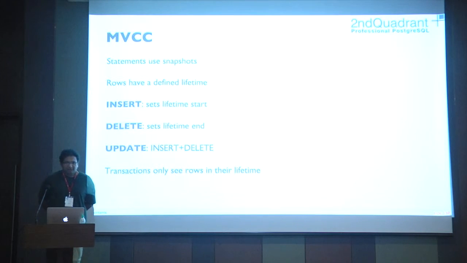The basic idea of MVCC is that SQL statements operate on a snapshot of the database as it was at some particular time. So rows in a table have a defined lifetime, which specifies which snapshots they're visible to and which they're not.